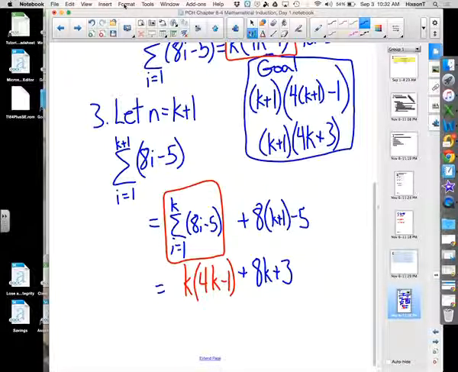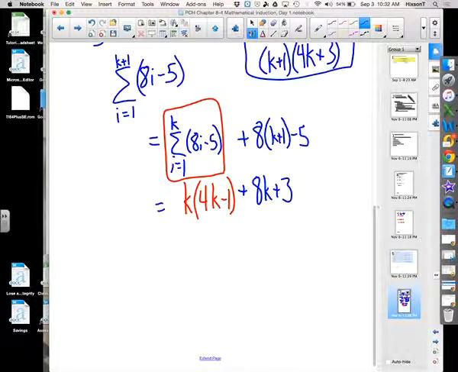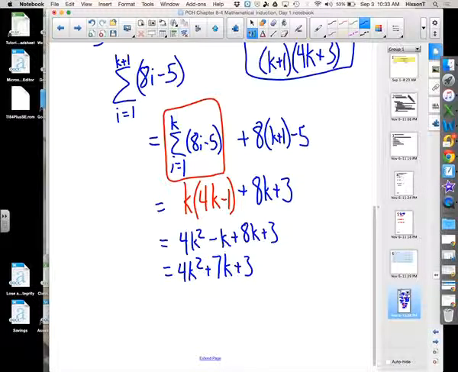Now it's just a matter of simplifying it until it looks like this. So this is 4k squared minus k plus 8k plus 3, which is 4k squared plus 7k plus 3. And then that factors, and it does factor into k plus 1 times 4k plus 3.